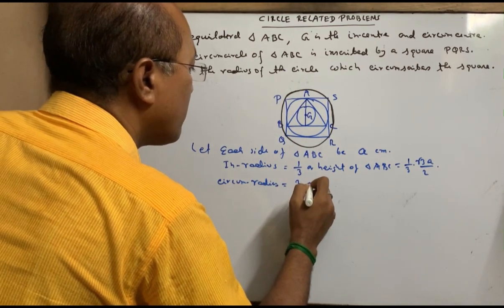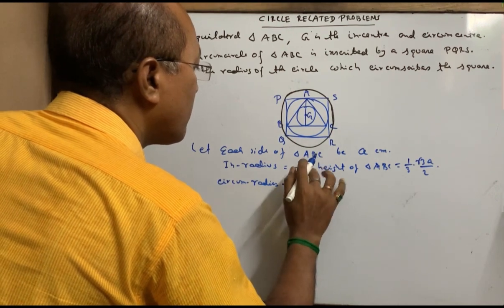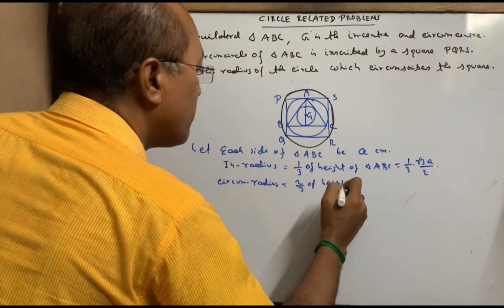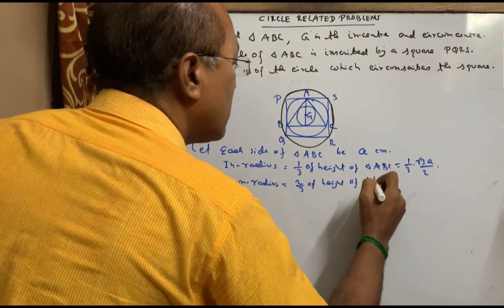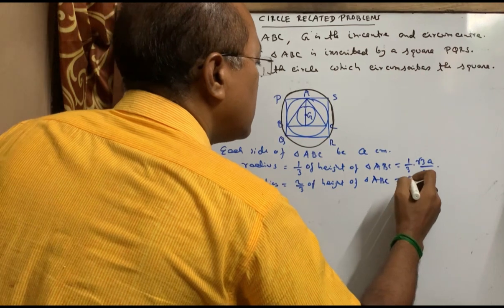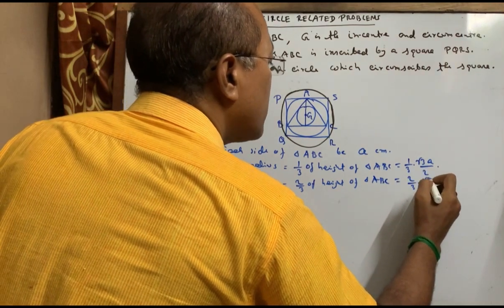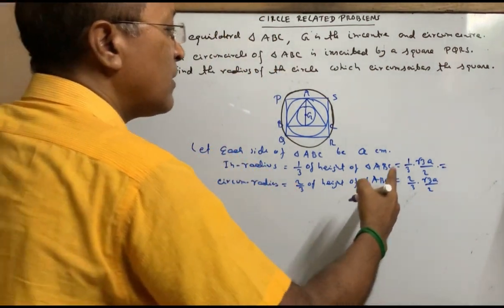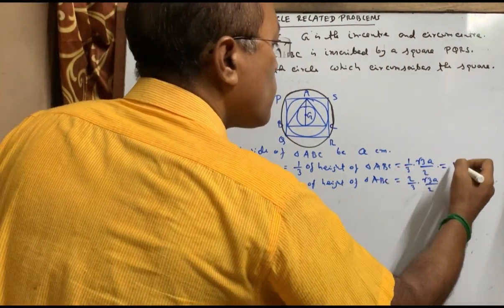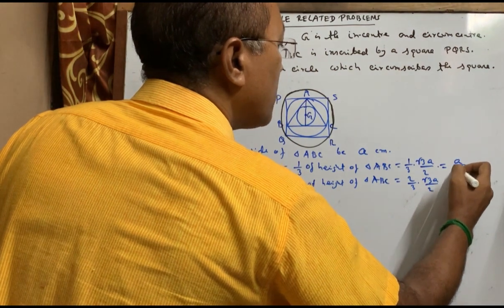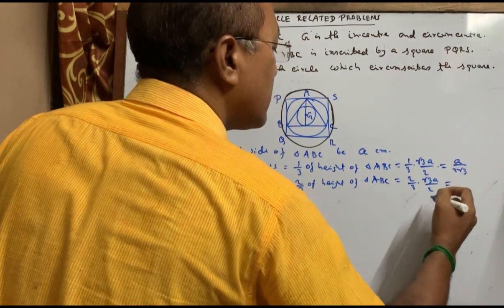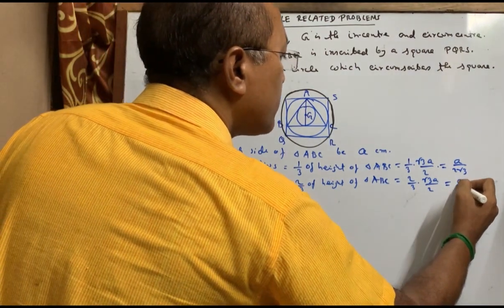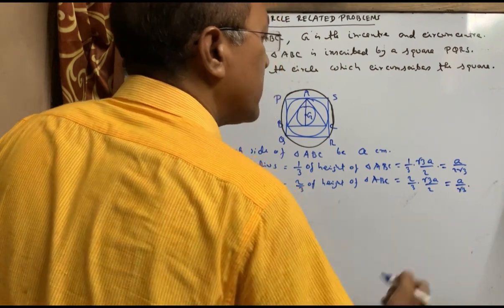and circumradius is 2/3 of height of triangle ABC, that is 2/3 √3a by 2. a by 2 √3 we can say, and here we can say a by √3.